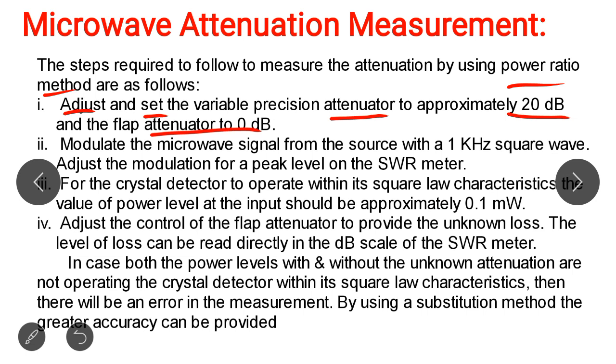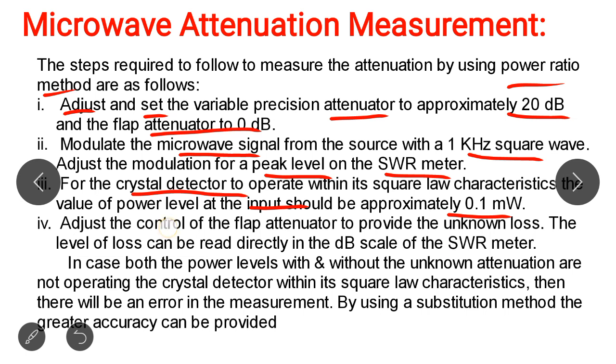Next, modulate the microwave signal from the source with a 1 kHz square wave. Now adjust the modulation for a peak level on the VSWR meter. Next, for a crystal detector to operate within the square law characteristic, the power level at the input should be approximately equal to 0.1 milliwatt.